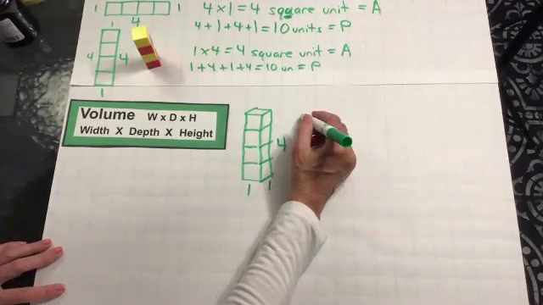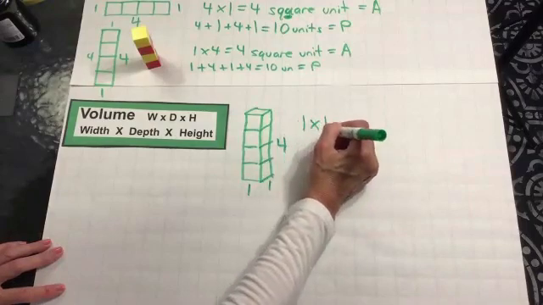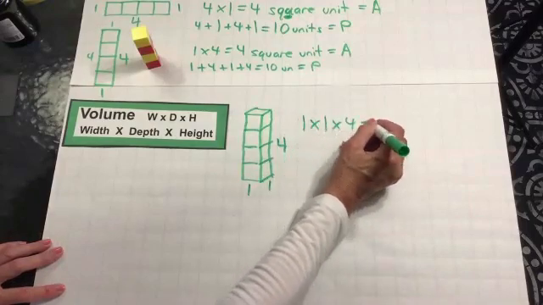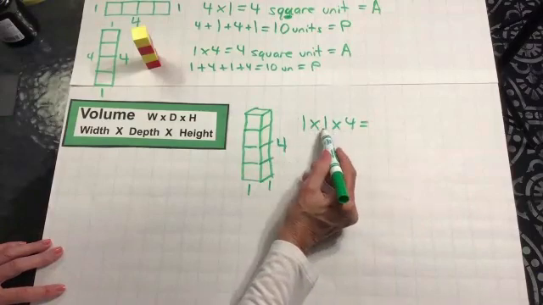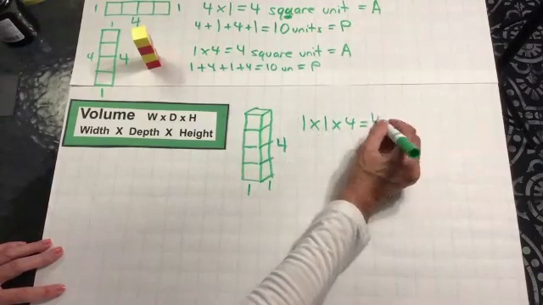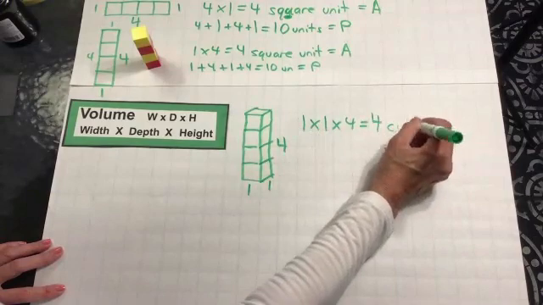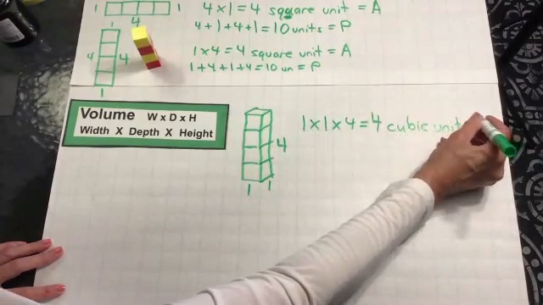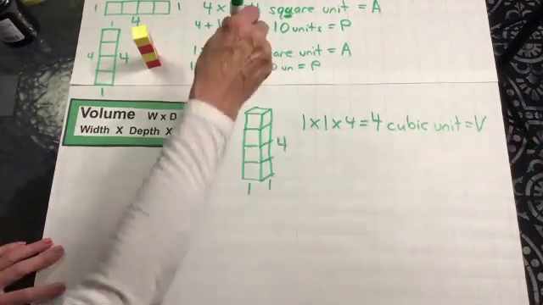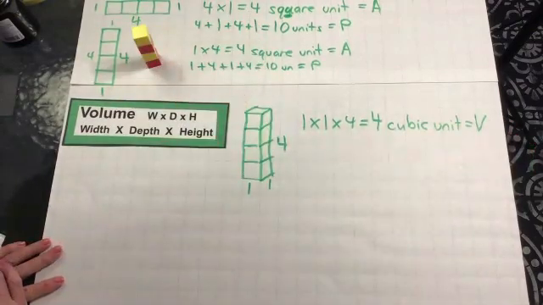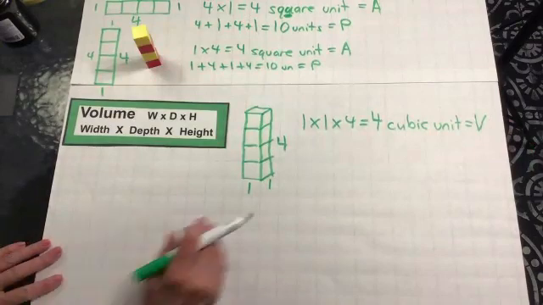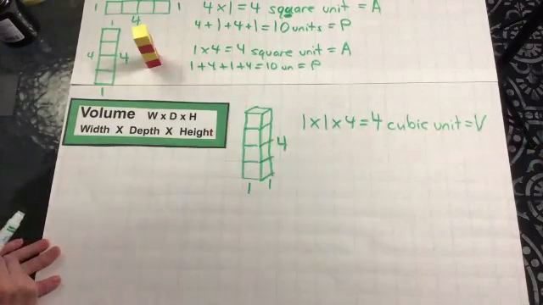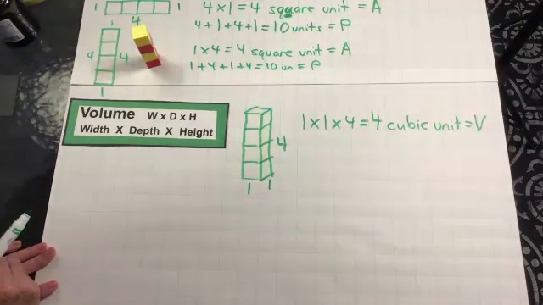So we have 1 by 1 by 4 equals, so 1 times 1 is 1 times 4 is 4 cubic units, which equals the volume. So we're talking about the capacity, what can fit inside there, or if we filled it up with cement, it would be 4 cubic units of cement or 4 cubic units of oatmeal.